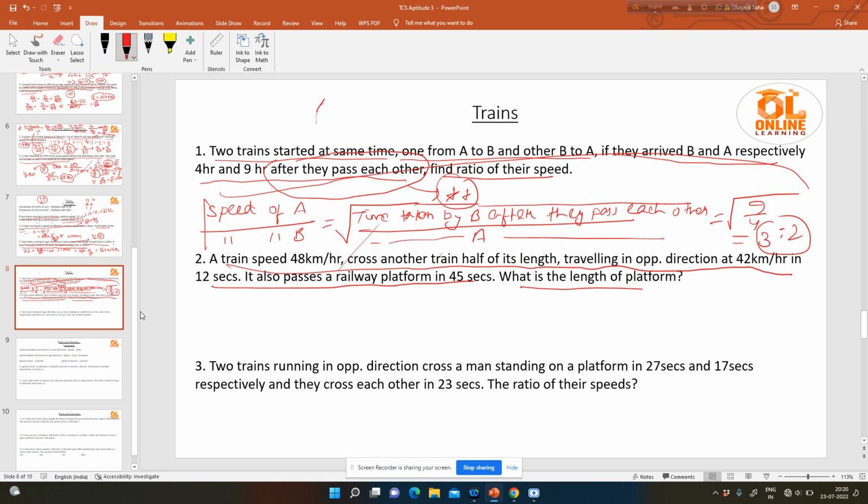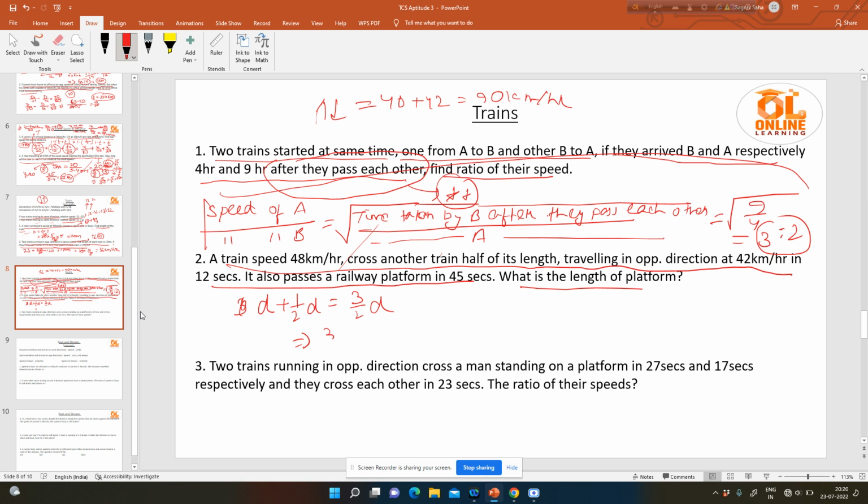As they are moving in opposite directions, their speeds would be added, so 48 plus 42 would be 90 kilometers per hour. If we consider the first length is d, then the other length would be d by 2, so their total length is 3 by 2 d.